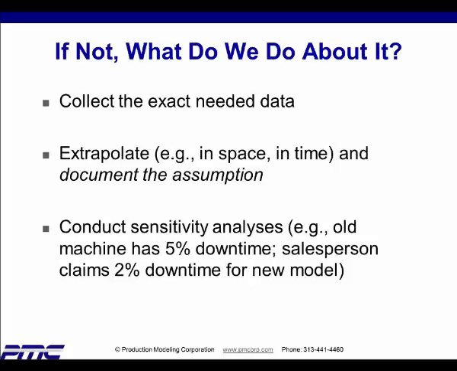Well, the answer is you put in both, first one, then the other, which in good simulation software takes very little time. And then you compare the results. You may find that 5% versus 2% makes almost no difference. That machine was not the bottleneck.